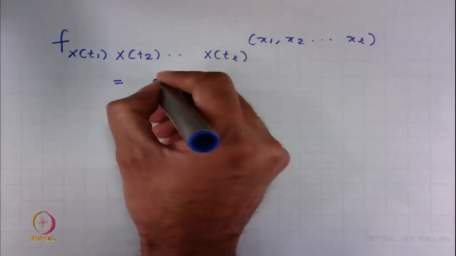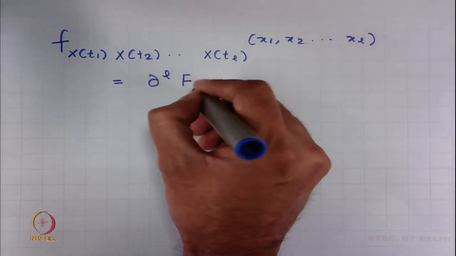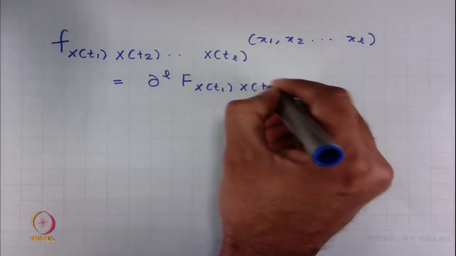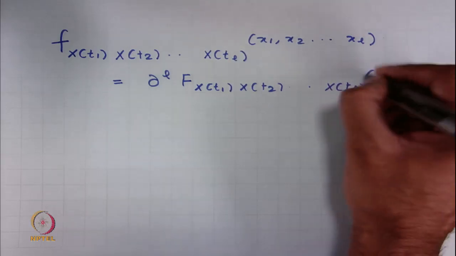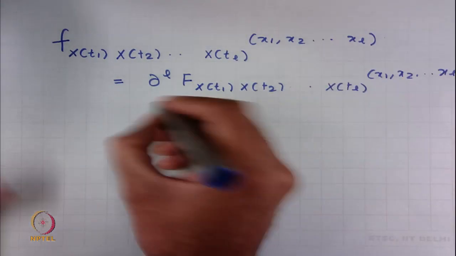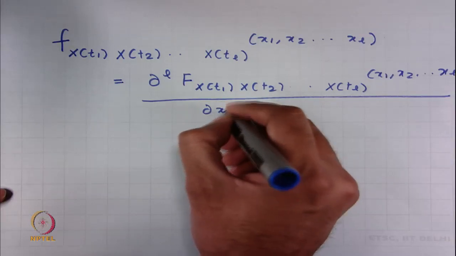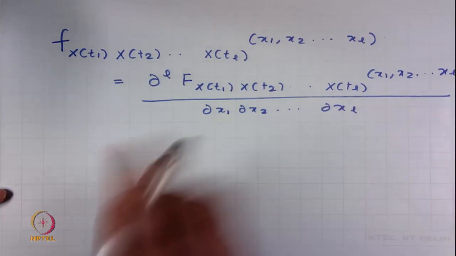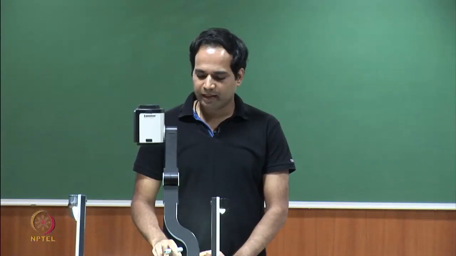So, this can be obtained through partial derivative of the joint CDF. Okay. So, we have obtained an expression for the joint probability density function.